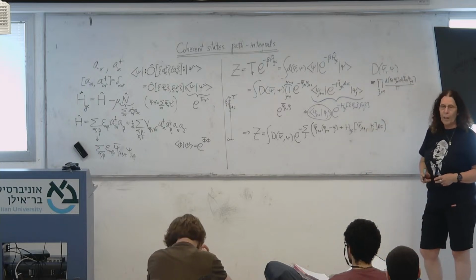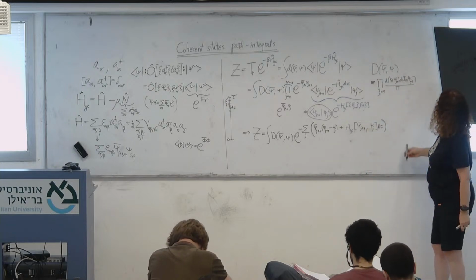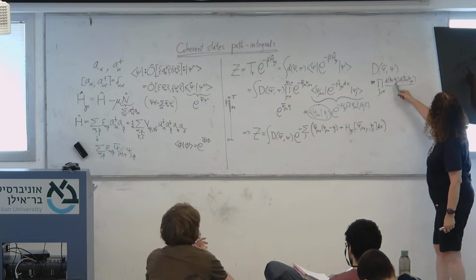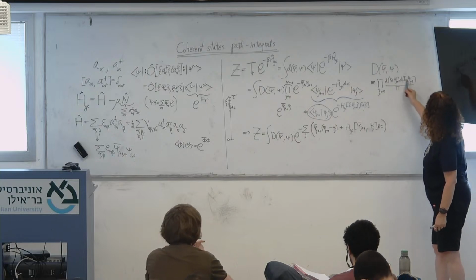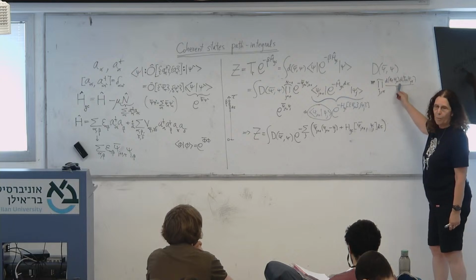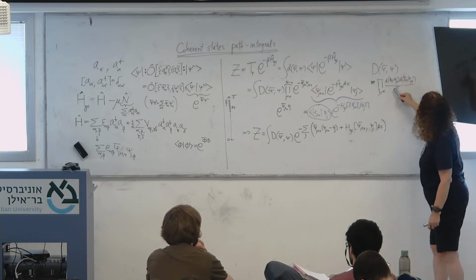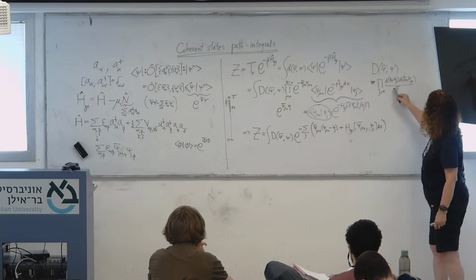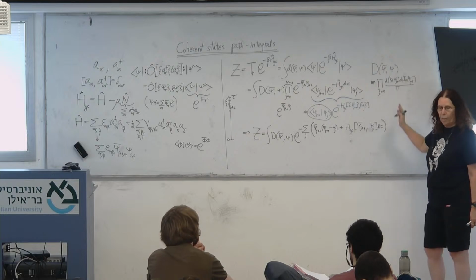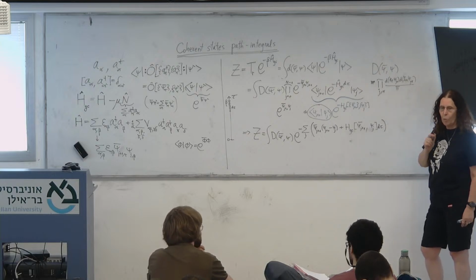It's a product of differentials, and because psi is a complex number, it has a real part and an imaginary part, and for each of them we do a two-dimensional integral divided by pi. This gives a normalization that is useful for us.